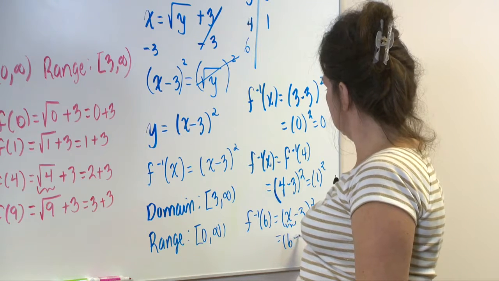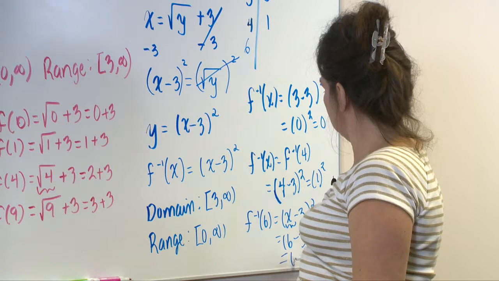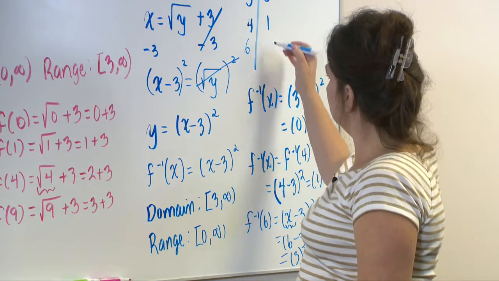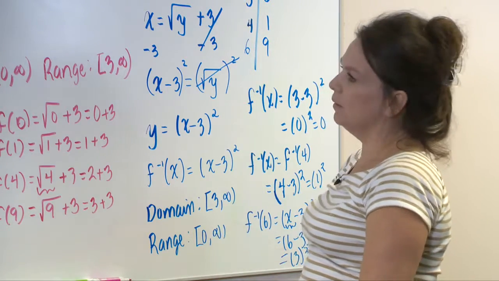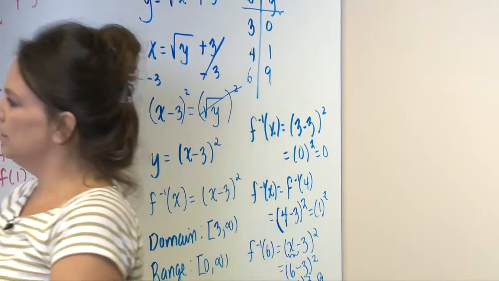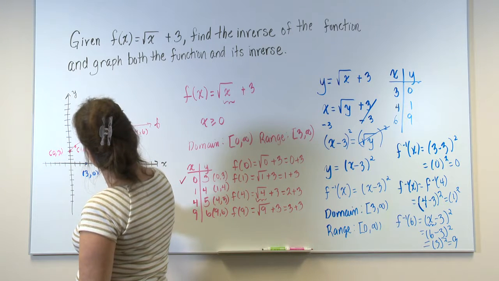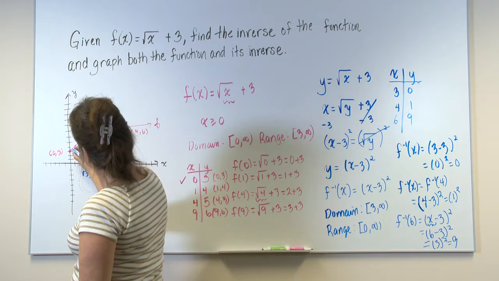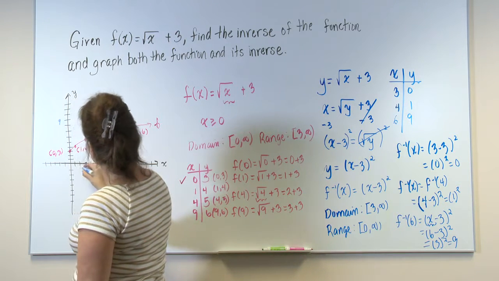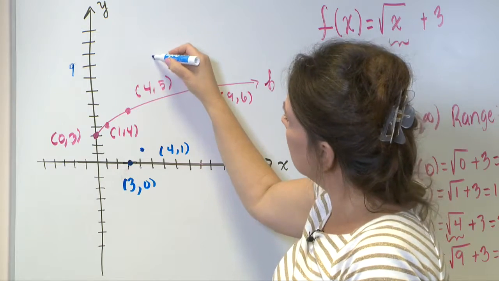So I have (6 minus 3) squared, which gives me 3 squared, and 3 squared is 9. So a third point on the graph is (6, 9). So we're here, 6, and then we'll go up to 1, 2, 3, 4, 5, 6, 7, 8, and 9 right here. So here we're at (6, 9).